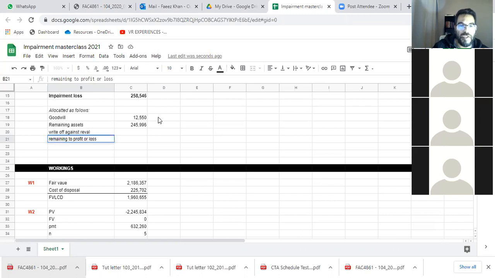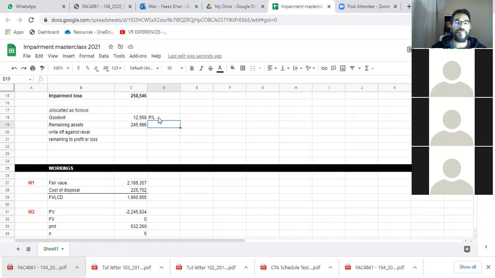Okay, so remember goodwill's impairment loss, any impairment loss goes against P&L. So that 12,550, you go against P&L. The remaining, you'd also want to write off against profit or loss.